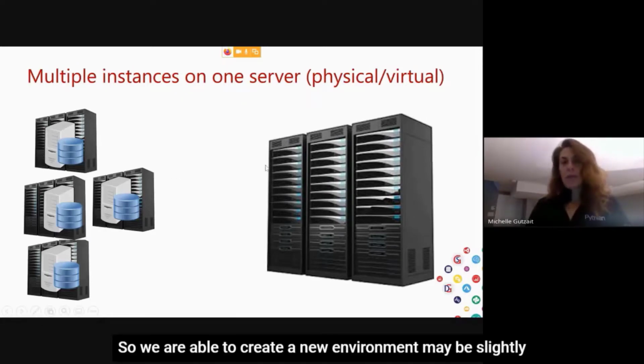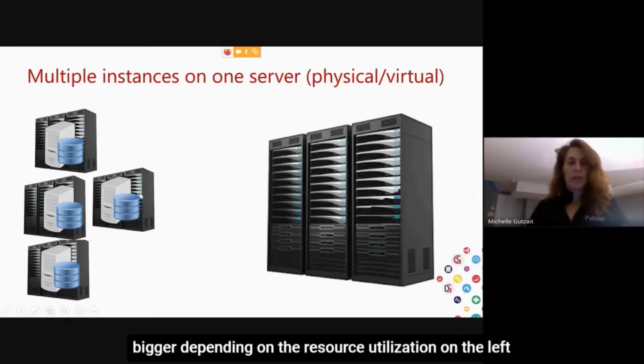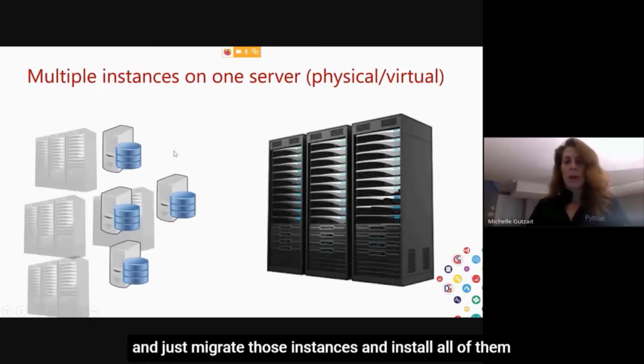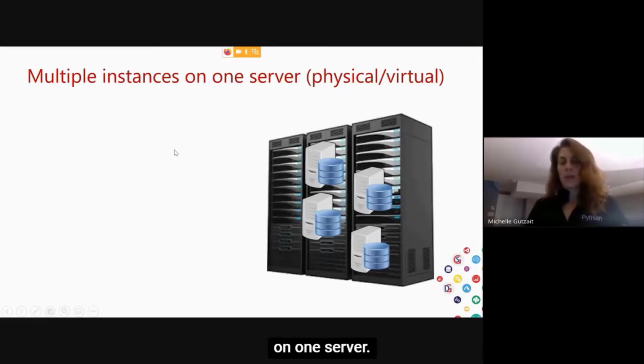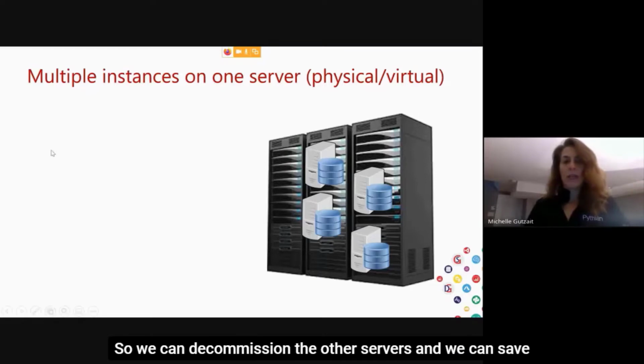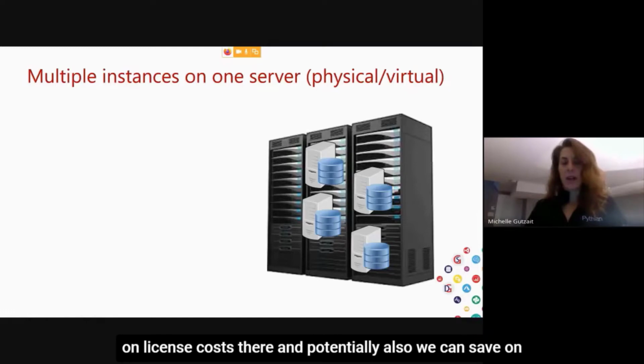We are able to create a new environment, maybe slightly bigger, depending on the resource utilization on the left, and just migrate those instances and install all of them on one server. So we can decommission the other servers and save on license costs there.